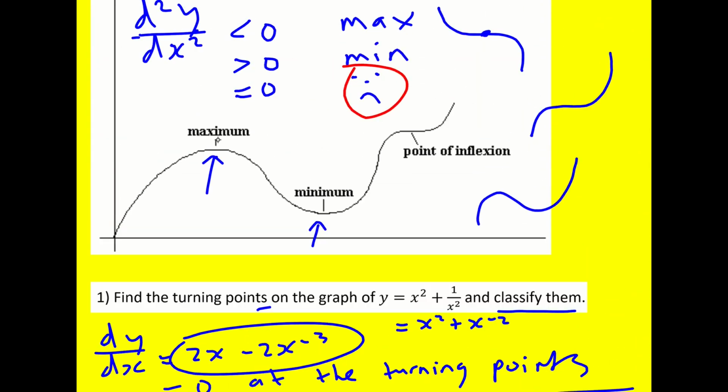Okay, for a maximum, yes, we know that d2y by dx squared is less than 0. But if we look at another method, we see actually dy by dx is equal to 0 at the maximum, but it is positive just to the left and negative just to the right.